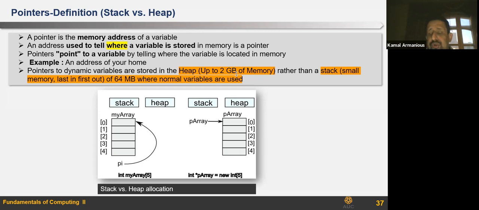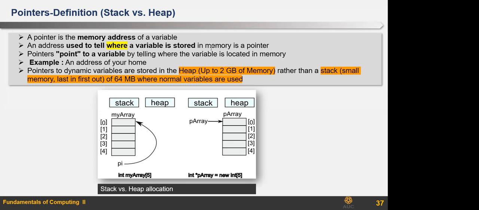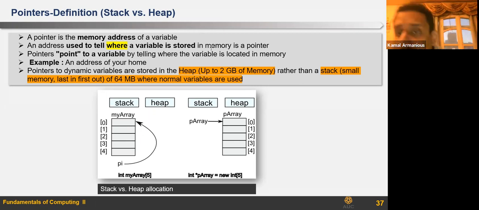So a pointer is like the address of your home. So this is where I live. I am located at Ardel Golf. This is not my exact address. If you know my exact address, you know my flat.